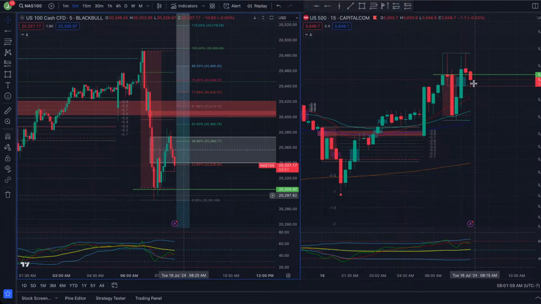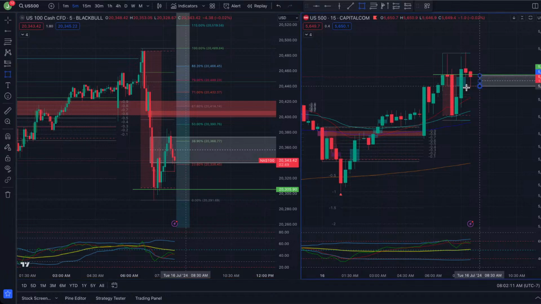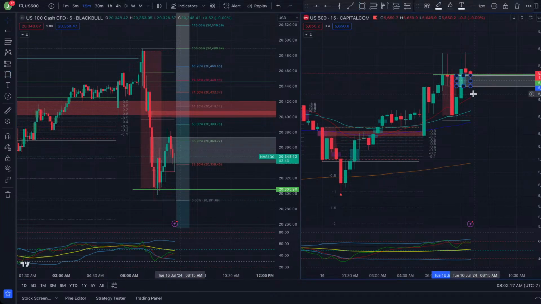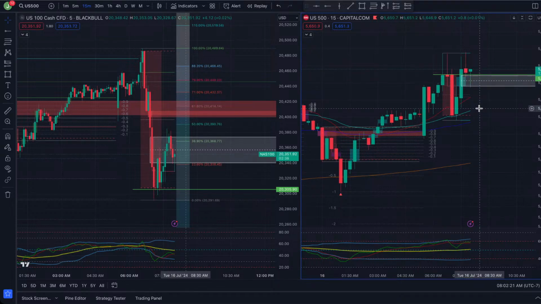US 500 also dancing in a fair value gap right now. The fact that we're closing above it is a sign that this might want to continue up, therefore pulling this up.